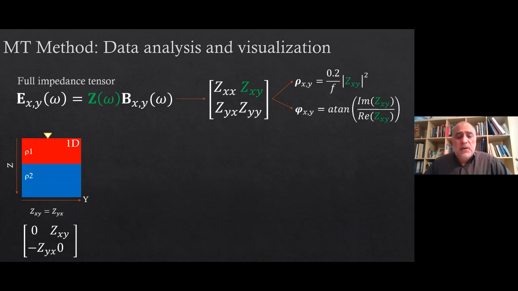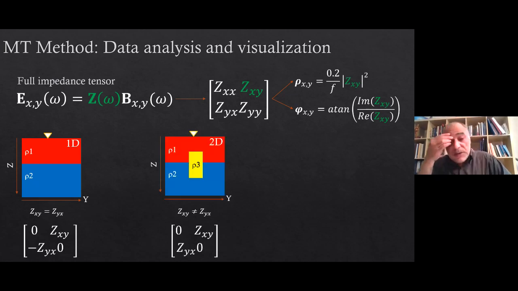For the simplest case, if you have a 1D model, so you have only 2 layers, rho 1 and rho 2, in that case the impedance tensor is simplified to only 2 off-diagonal components, which are equivalent. The diagonal components Zxx and Zyy are 0, because there are no variations in any other direction than in the z direction.